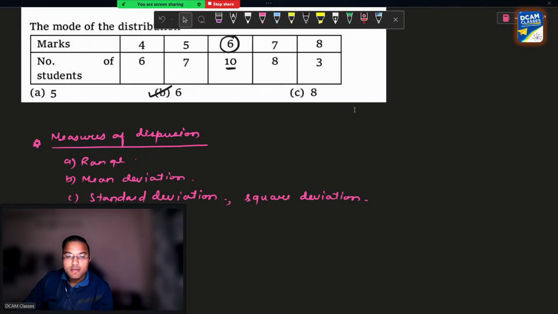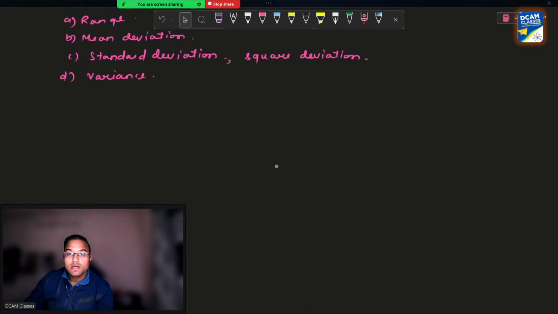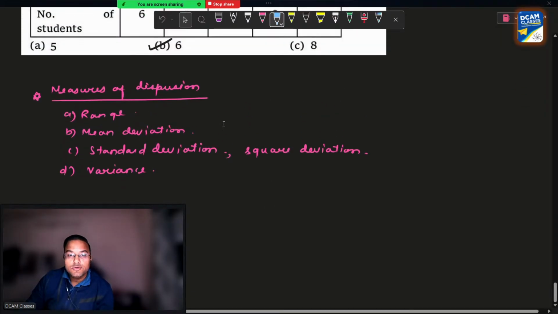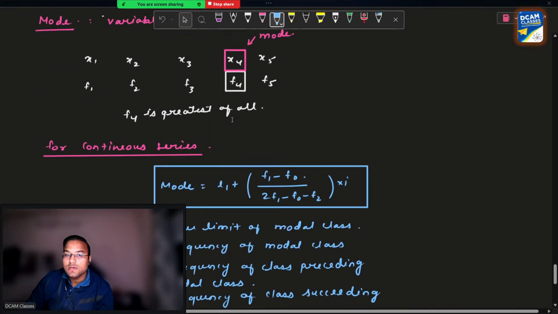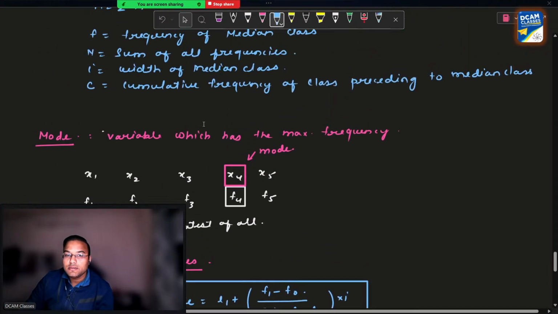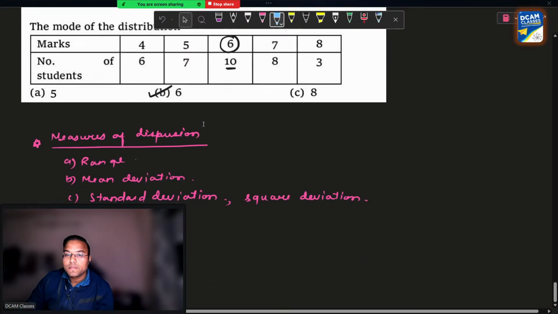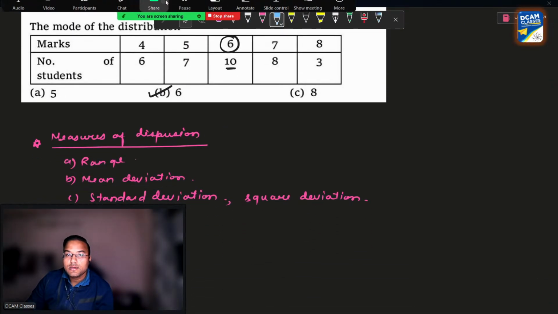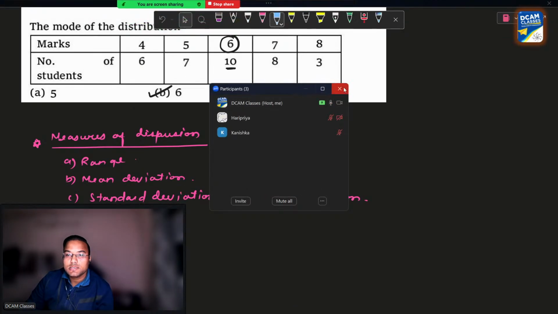See, up to mean we have understood, na? Acha, Kanishka, do you know these things? Did they teach you this in your school? Mean, median, and mode. Kanishka, acha. There is some problem in the mic, I think.